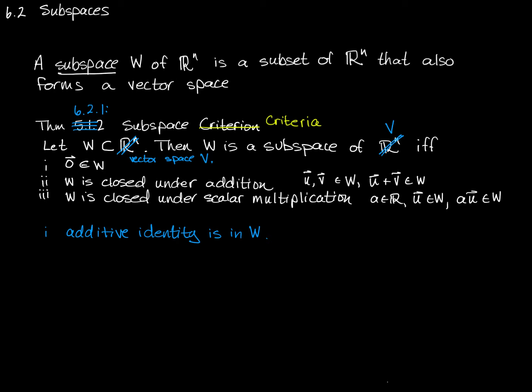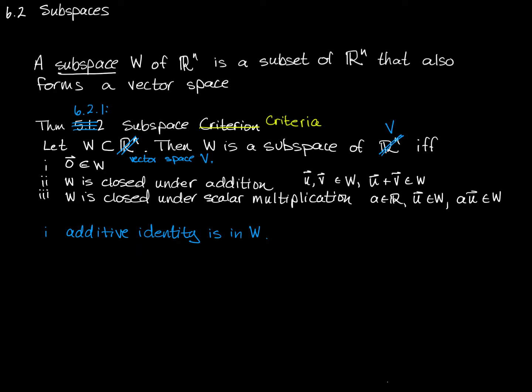In the greater world of vector spaces, we have to call it the additive identity because we don't have a single formation of what that might look like. It'll depend on the vector space that you're working in, but it does have to exist. The additive identity has to be in there.